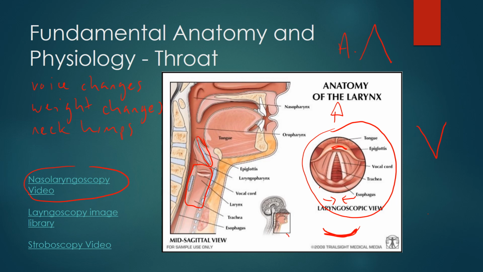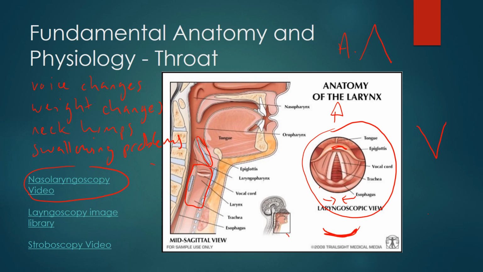It can be an indicator of head and neck cancer. It may not be. We can get reactive lymph nodes in the neck, and although I'm not talking about them very much in this presentation, we'll look at those in class with regard to the examination. We also want to know about any swallowing problems, so dysphagia. Okay, so there are four main red flags with regard to head and neck cancer.